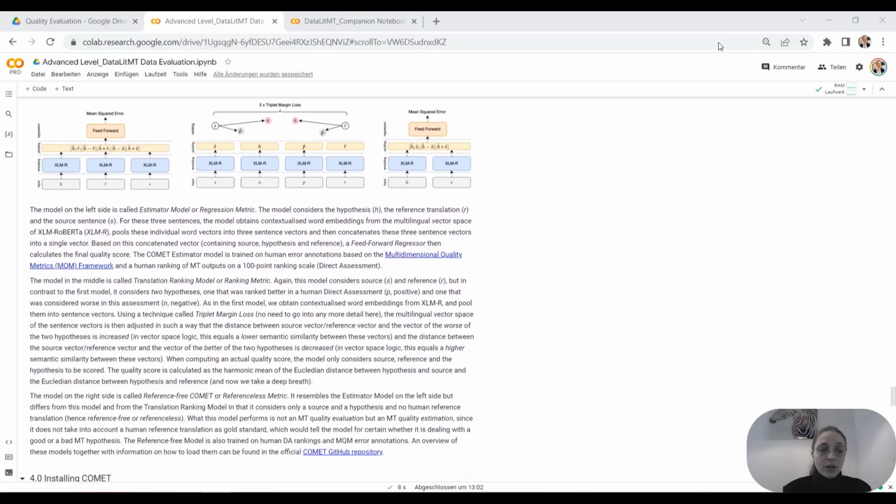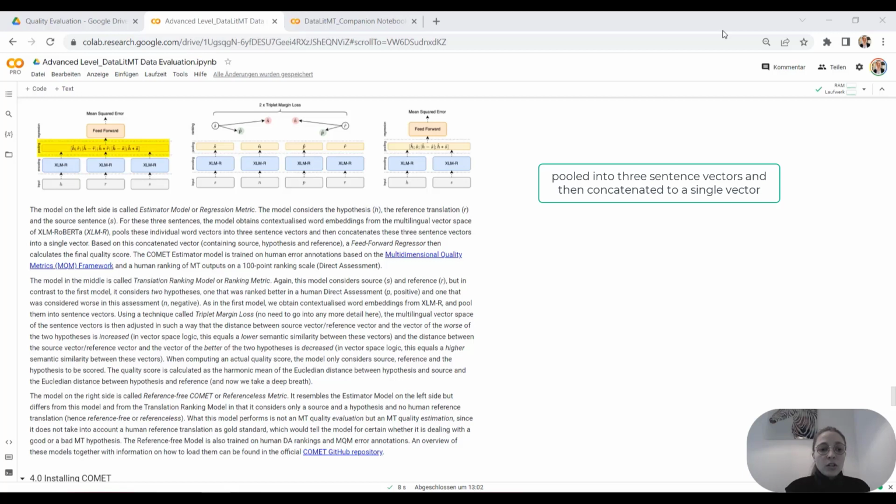All right, on the left we have the estimator model, also called the regression metric, where we can see that the model takes as input the hypothesis, the reference, and the source sentence. The model takes the contextualized word embeddings of these three sentences from the multilingual vector space, and these embeddings are pooled into single sentence vectors.